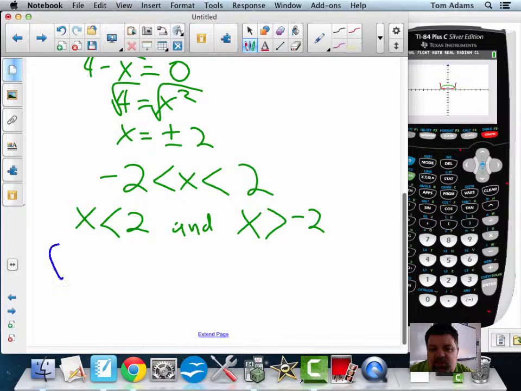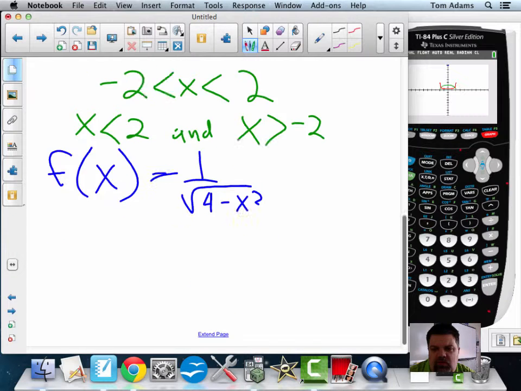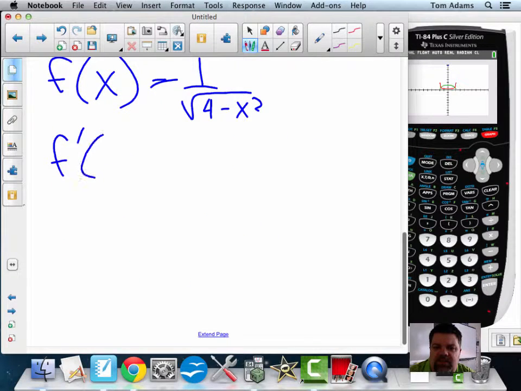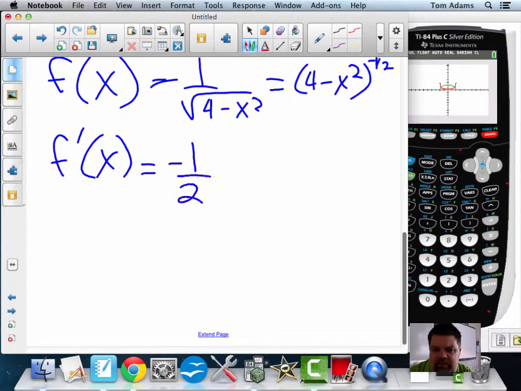So step number 2 is to find f prime. Remember that f of x is equal to 1 over the square root of 4 minus x squared. I'm going to think of this as the quantity 4 minus x squared raised to the negative 1/2. If I apply the power rule, I'm going to toss the negative 1/2 to the front. Then the stuff on the inside remains the same.